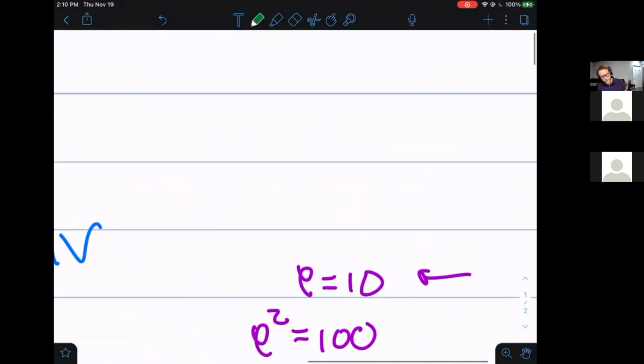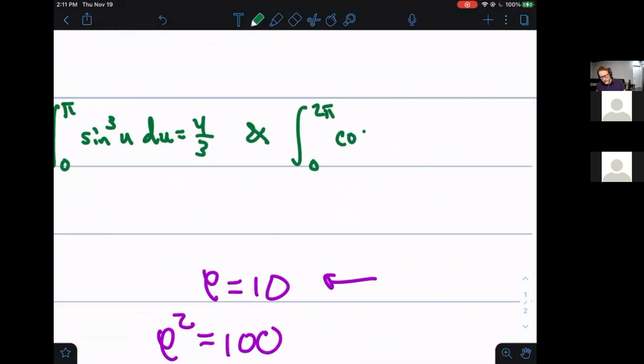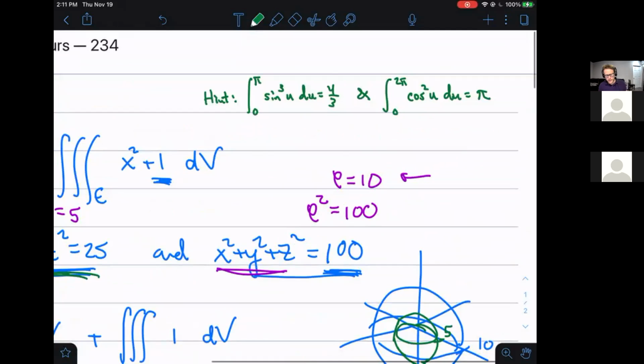Maybe as a hint, the integral from 0 to pi of sine cubed of u du is equal to 4/3, and the integral from 0 to 2 pi of cosine squared u du is equal to pi. So I give you these two integrals as a hint at the beginning of the problem.